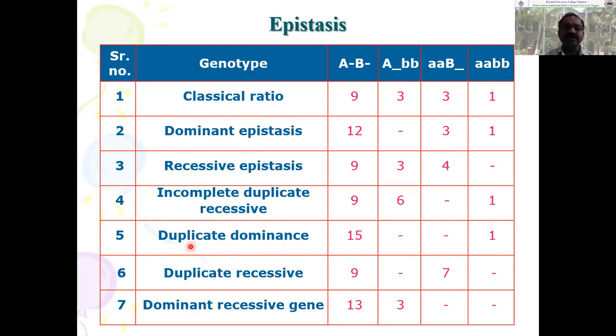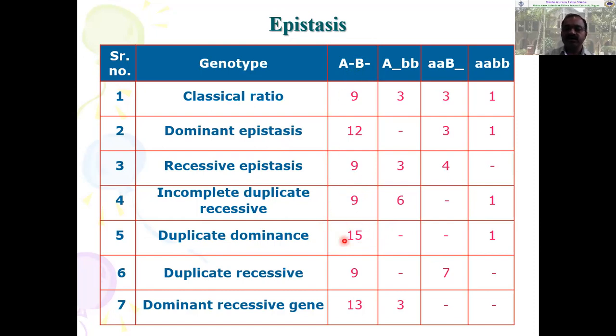Similarly, we have the duplicate dominant epistasis. Duplicate dominance, as the name indicates, means there is dominance at both alleles. If A is dominant, then it will mask the expression of its own allele as well as its non-allelic pairs. So either if A is dominant or B is dominant, it will mask the expression of its non-allelic pair.